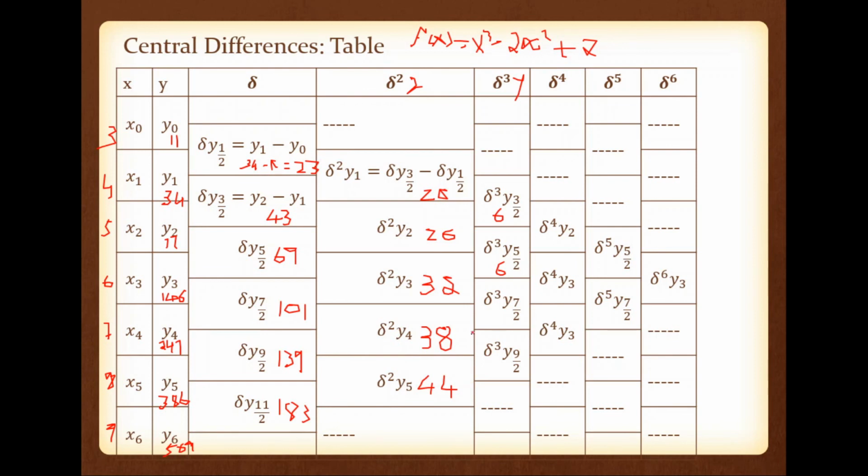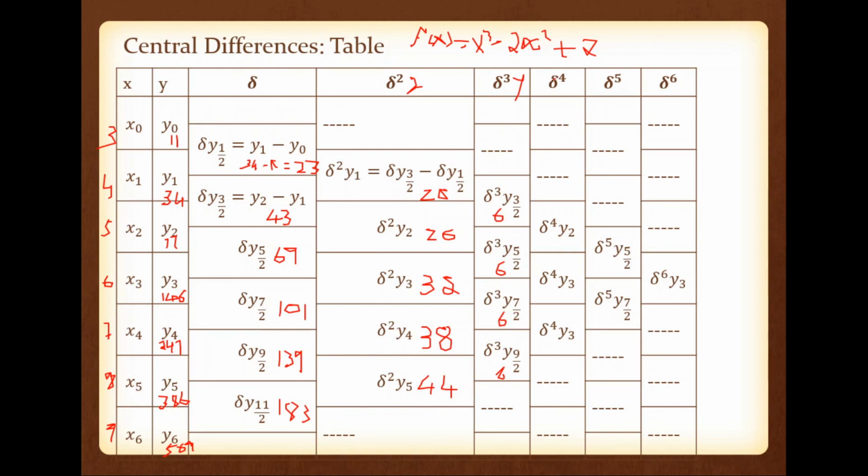Similarly, what is the central difference for delta cube y 7 by 2? That is 38 minus 32, again 6. Then the next one is 44 minus 38, again 6. So you can see that this is a cubic function, so this column has the same value. All elements are the same, 6.